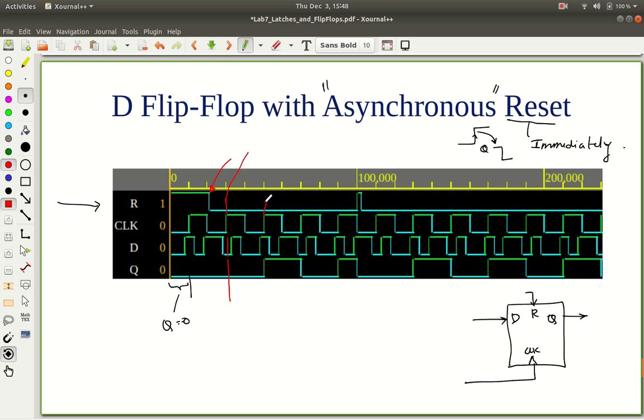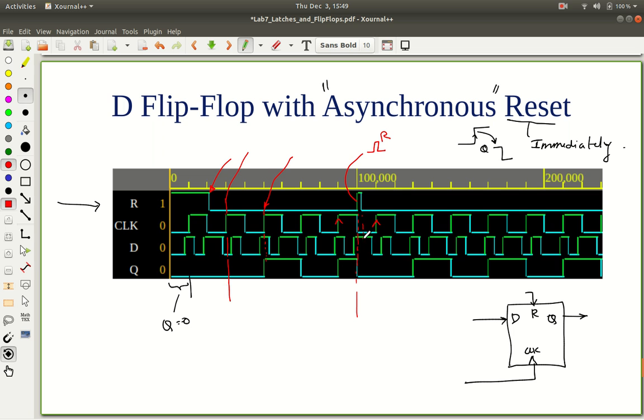Then on the next clock edge D was equal to 1, and so Q becomes 1, and so on. And now notice that here there was another pulse on the reset input, but it did not coincide with any clock edge. So this was a rising clock edge, this was a rising clock edge. This happened in the middle, but still as soon as reset went high, immediately Q went low.